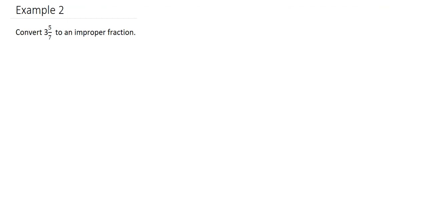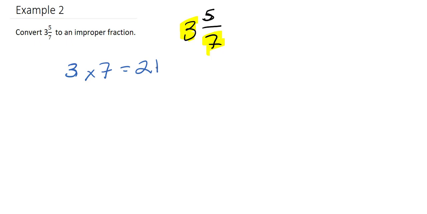Example 2, convert 3 5/7 to an improper fraction. So we have 3 5/7. What we're going to do is multiply these numbers together. So we get 3 times 7, and we get 21. And then we're going to take 21, add it with this 5.